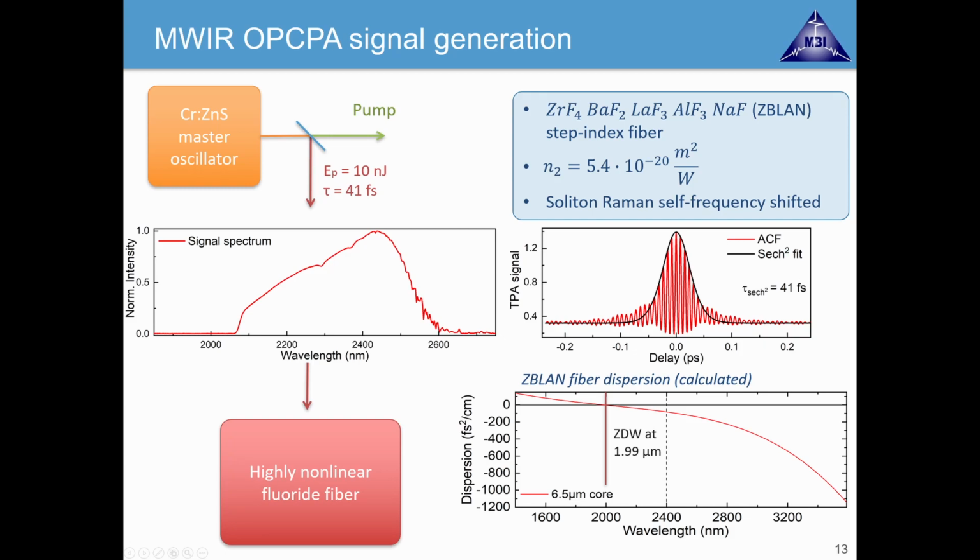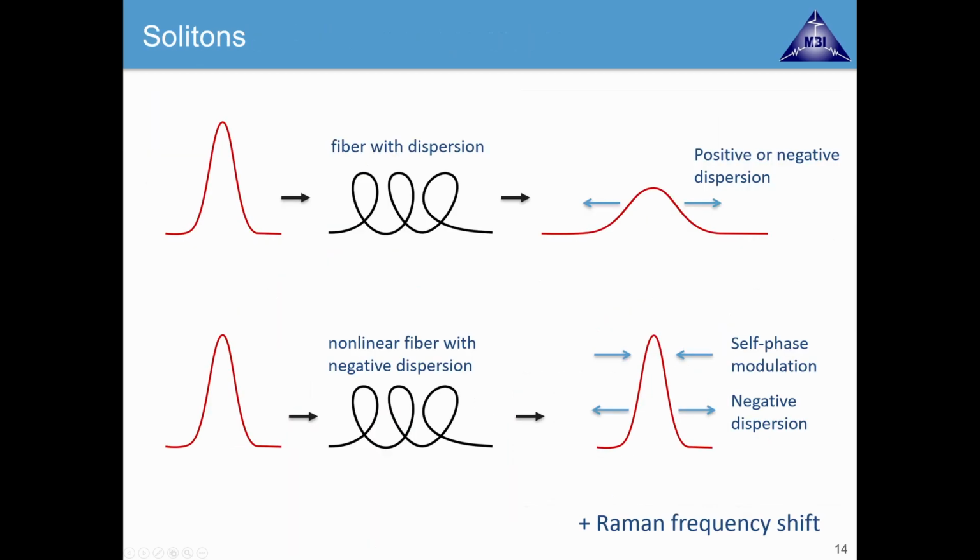The thing you need to remember is that it has negative dispersion above 2 micrometers. If you send an ultrashort pulse into a fiber in general, and this fiber has dispersion, you end up with a much longer pulse duration, because the different spectral components inside the fiber travel with different speeds, so the pulse gets dispersed.